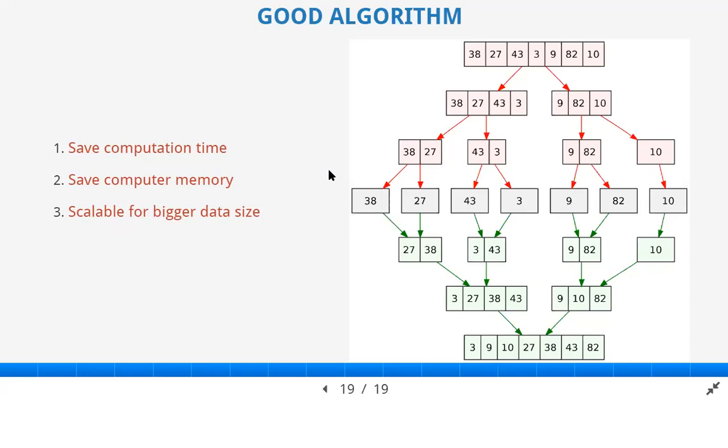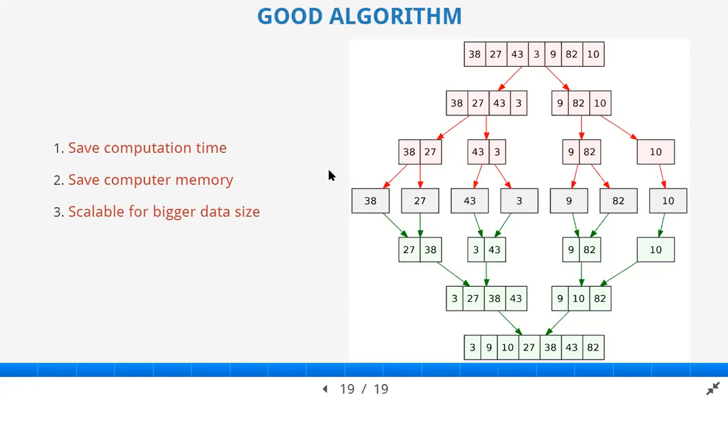For example, 38 and 27 are compared, and 27 is lower than 38, so we swap the sequence of these numbers. Then we go to the next group.